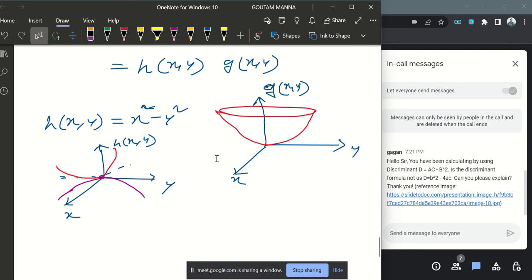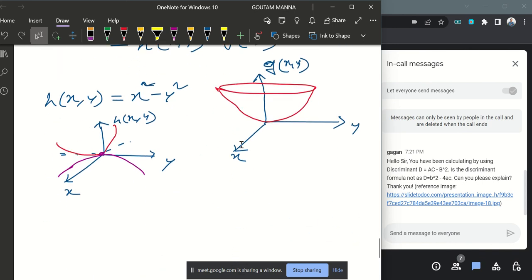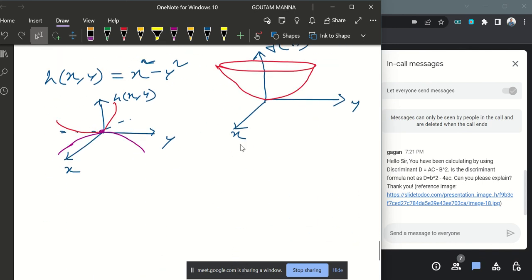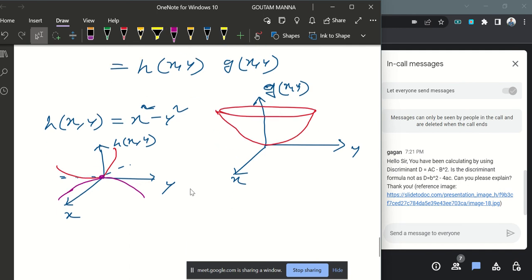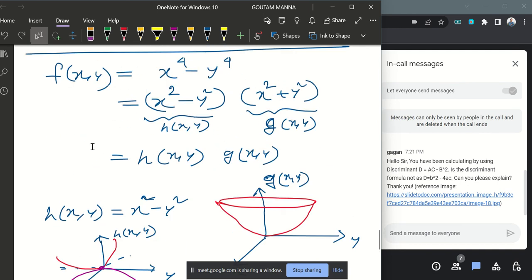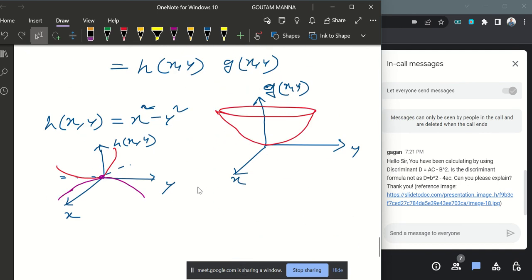And now if you multiply it with this g of xy, then where h is negative, g of xy is always positive, so it will behave in a similar manner. Where it is negative and it is multiplied with a positive number, then f of xy will also be negative.